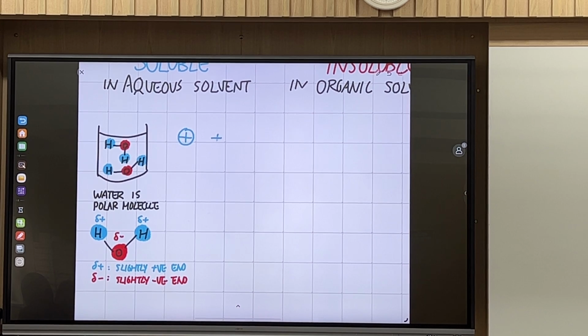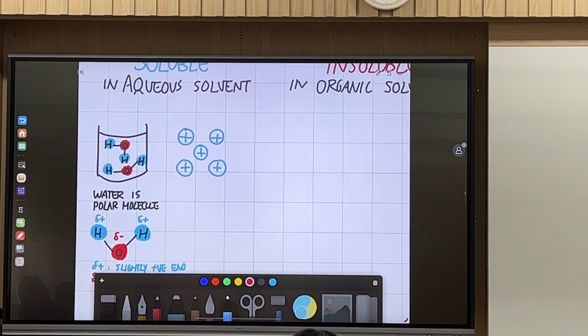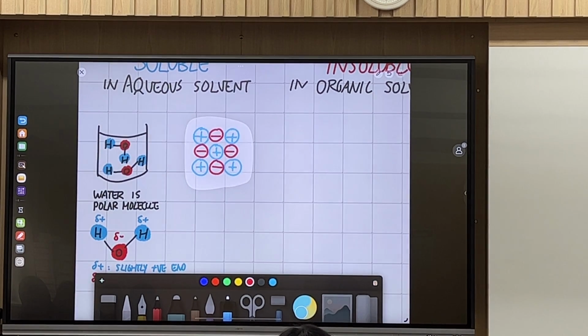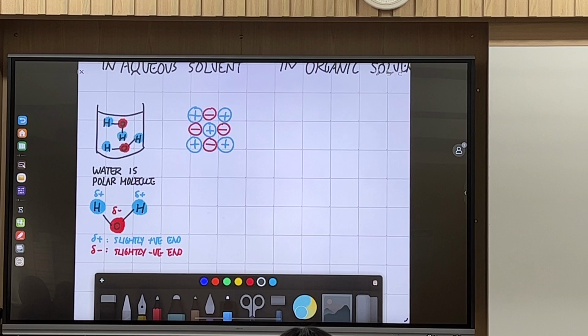Remember, opposite charges attract. So when the water surrounds itself around the ionic structure, what will happen? It dissolves the ions, the ionic compound, because the following happens.